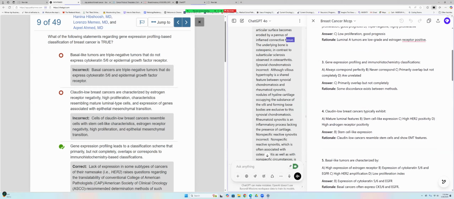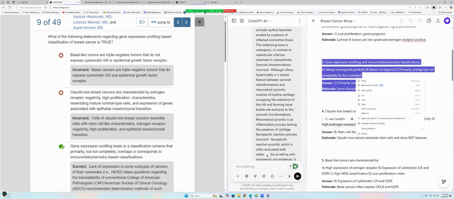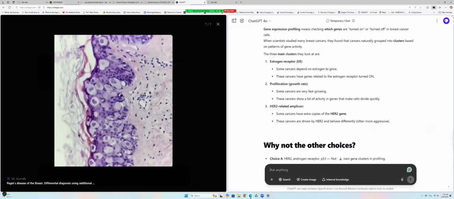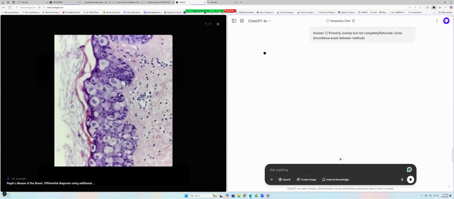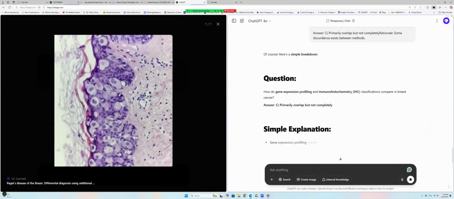Let's say for a particular tumor now, let's say tubular carcinoma. You could do the IHC, like let's say ER positive, PR positive, HER2 negative. And then when you now do the gene expression, it could still be the same thing.